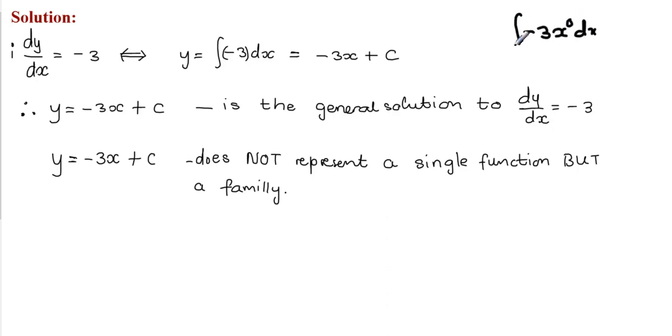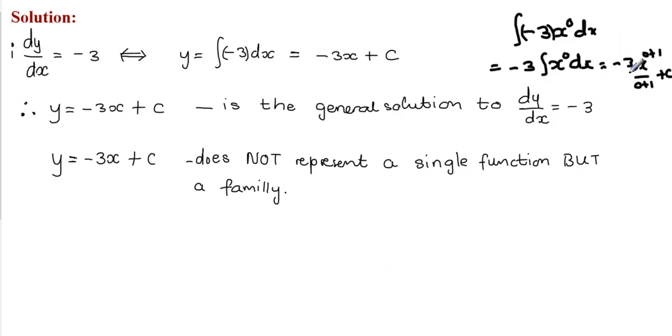If we integrate this using the power rule, we can take this constant minus 3 outside the integral and have this as minus 3 times the integral of x to the power 0 dx. Since our n here is 0 and is different from minus 1, we can use our power rule, which now gives us minus 3 times x to the power 0 plus 1 divided by 0 plus 1, plus c.